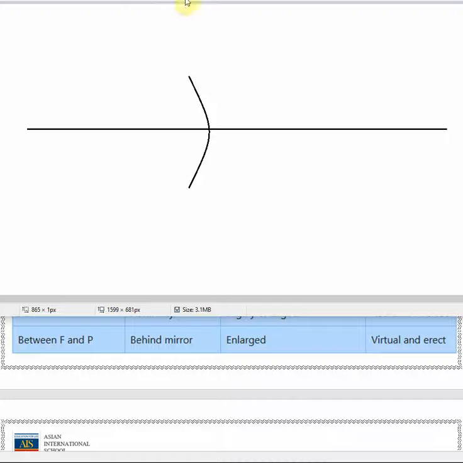Alright, now mark the focus. Once again, I need the focus only here, so I'm marking it here. Same distance, this is P, so FP same distance at the back side. For this drawing, I need the back side of the mirror, so I have taken this line a little longer. Okay, now let me place the object.